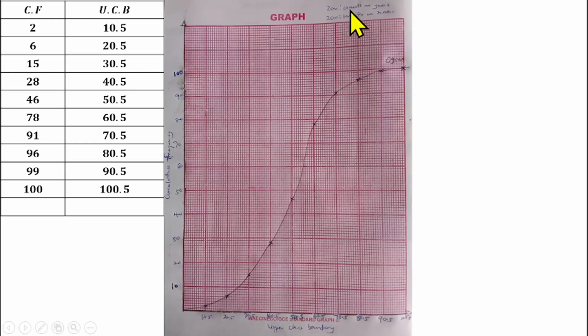Then this is our cumulative frequency. So we need to scale our graph based on the value we have on the cumulative frequency. The highest number there is 100. So I use a scale of 2 centimeters to represent 10 units on the y-axis. So that means I have 10, 20, 30, 40, 50, 60, 70, 80, 90, 100, and so on. On every 2 centimeters, which is representing each of the box, I have 10 units.